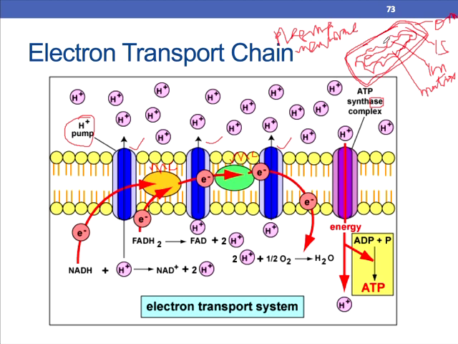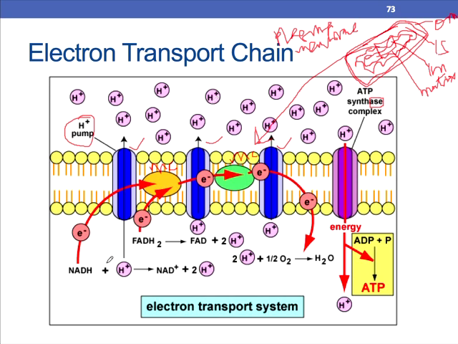Okay. Now, it is the inner membrane that has been enlarged in this larger diagram. So this would be the inner membrane, this would be the matrix, and this would be the intermembrane space. The outer membrane is not depicted here.